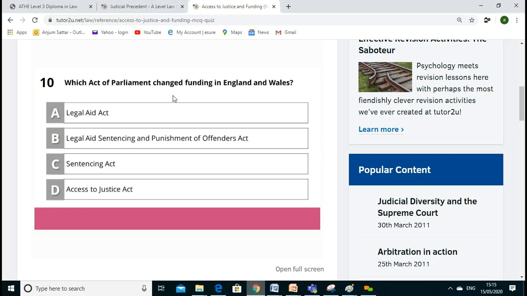Which Act of Parliament changed funding in England and Wales? Is it the Sentence Act, Access Act, or Legal Aid Act? A, B, C, D, which one do we think?